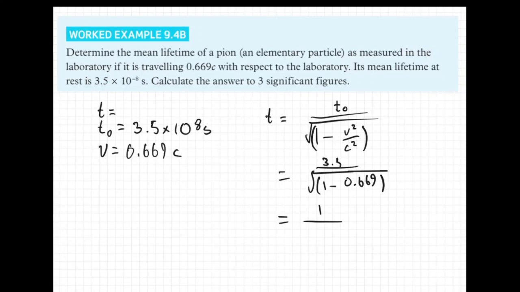Too many ones in this, huh? That's a -8, isn't it? As well. -8, -8. That makes more sense, and that does need to be squared. So then we end up with the square root of 1 minus 0.669 squared.